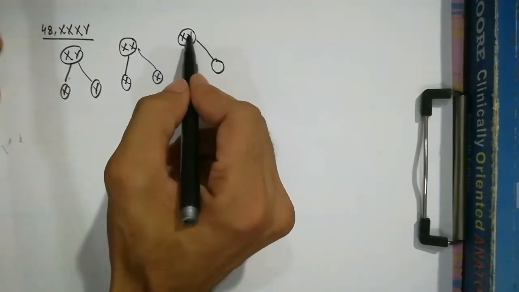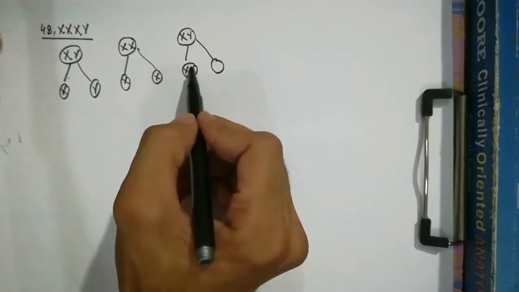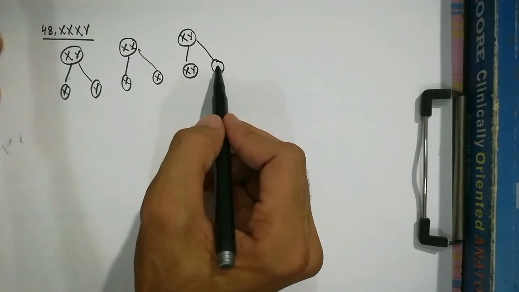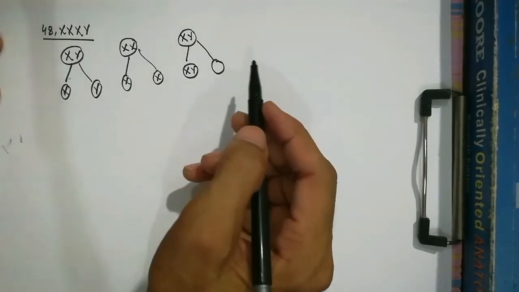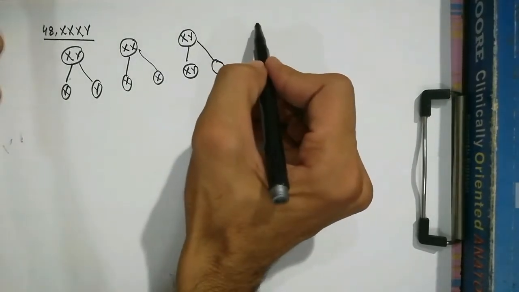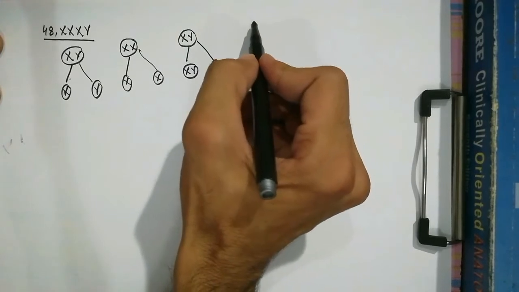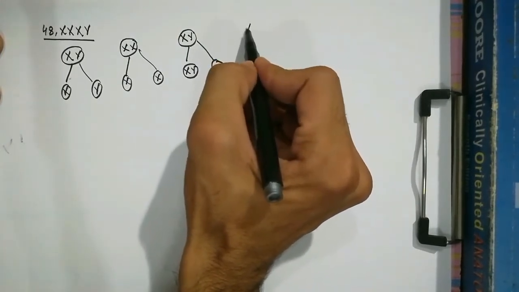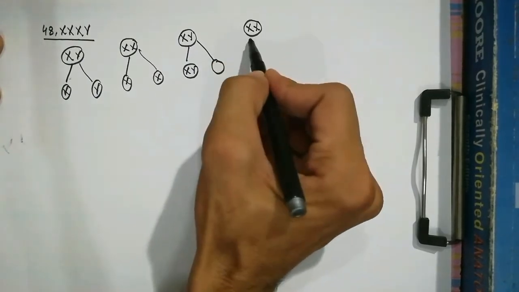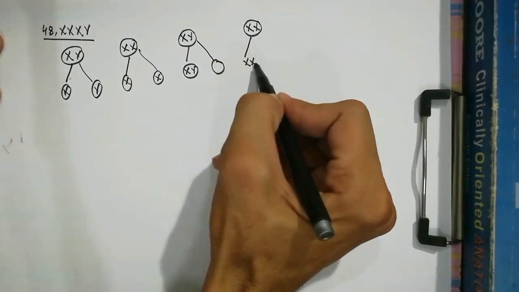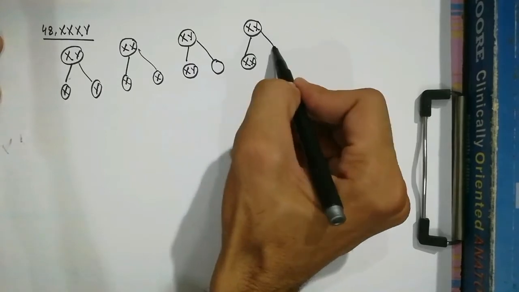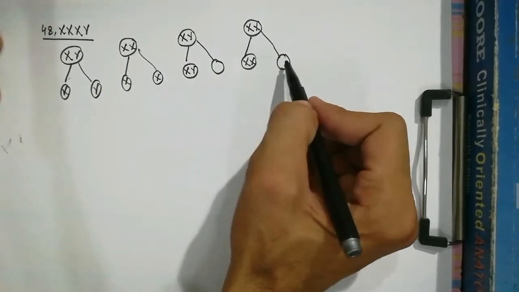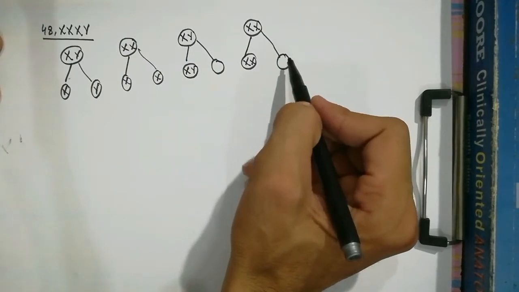Due to non-disjunction, both chromosomes entered one daughter cell and the other daughter cell received no chromosome of this pair. And now these are abnormal female gametes. Due to non-disjunction, both chromosomes entered one cell. The other cell received no chromosome.